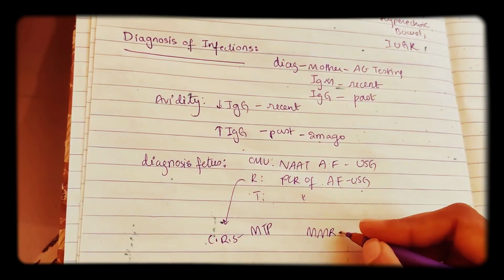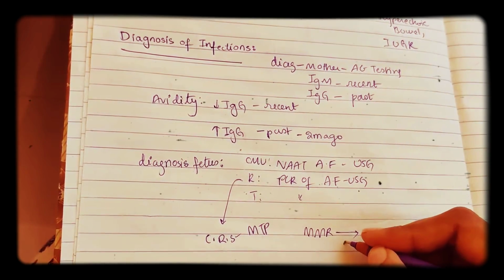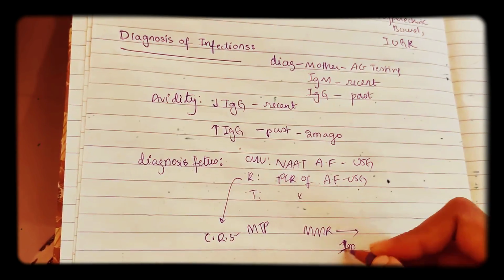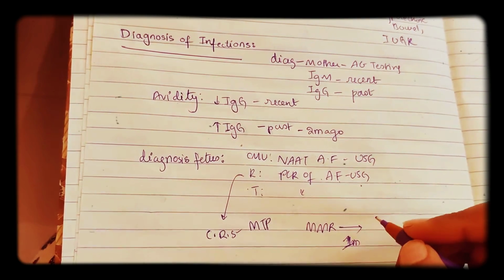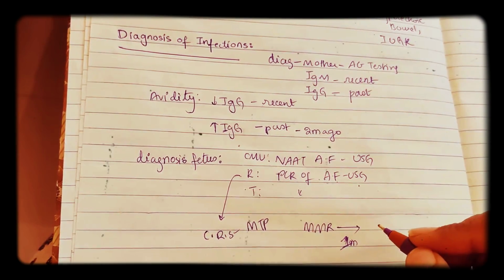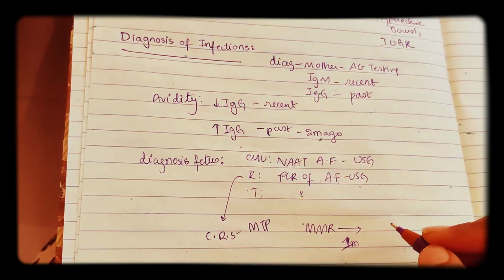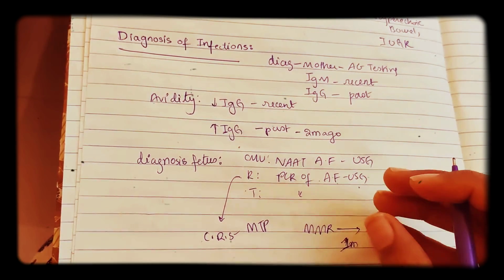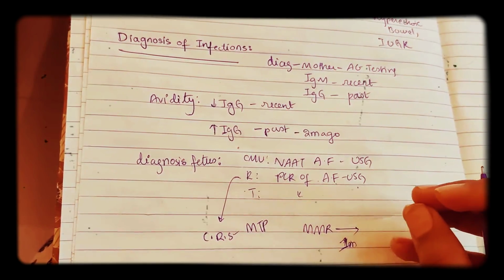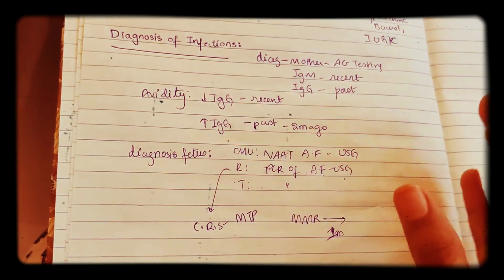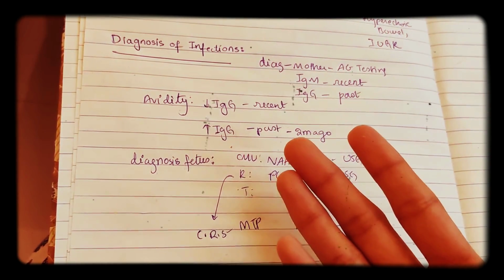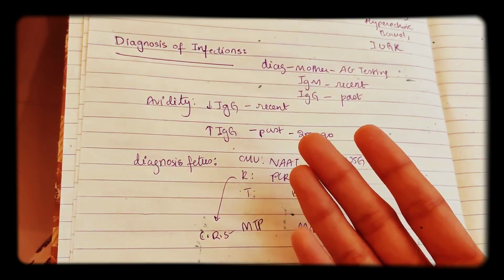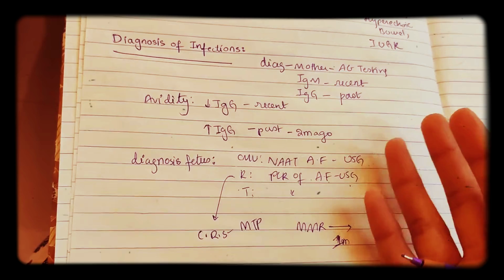This MMR vaccination should be followed by avoiding pregnancy for 1 month, because this vaccine contains live attenuated virus. If by chance a female becomes pregnant within 1 month after MMR vaccination, it is not an indication for medical termination of pregnancy.